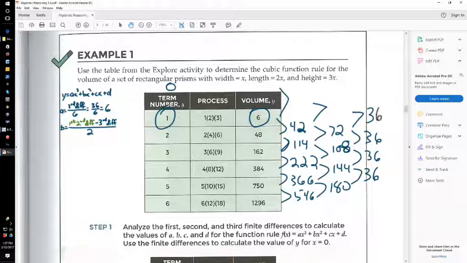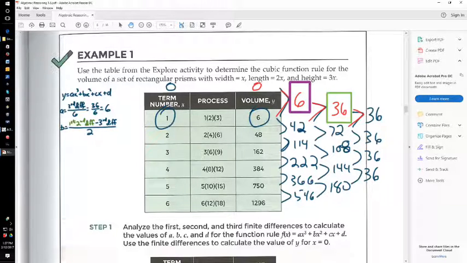So we start off with 36. 72 minus 36 is 36. 42 minus 36 is 6. And 6 minus 6 is 0. Okay, so this is our first second difference, and this is our very first difference, and then we have the third one all the way to the right.